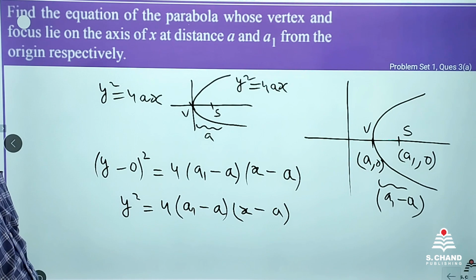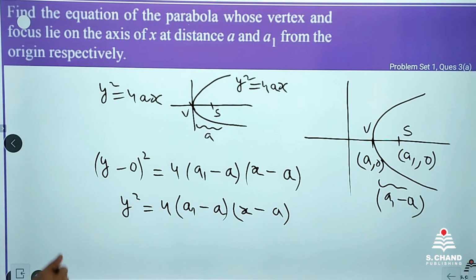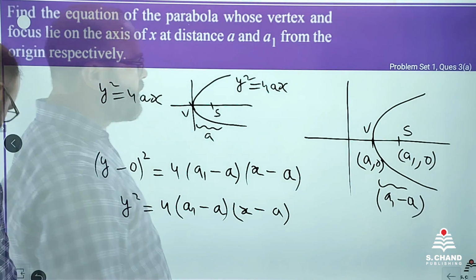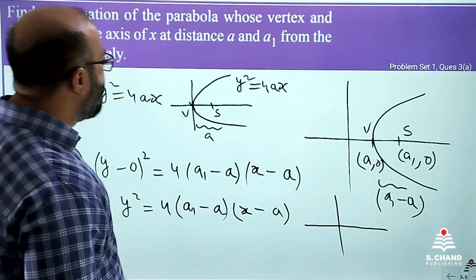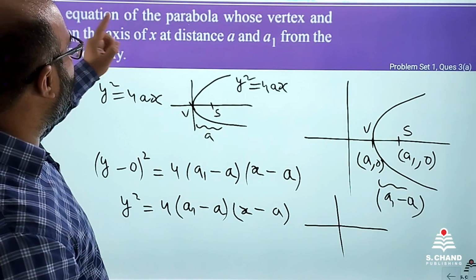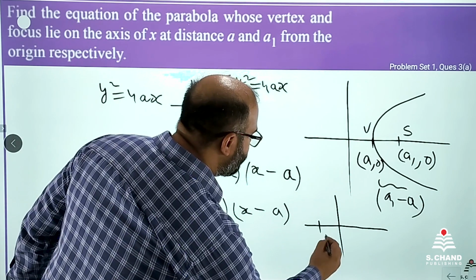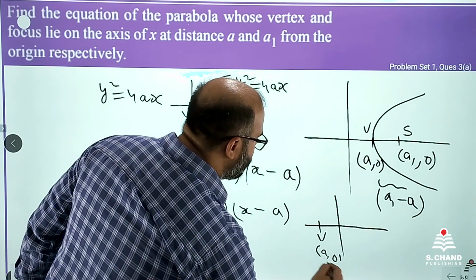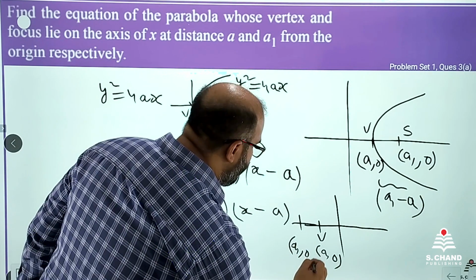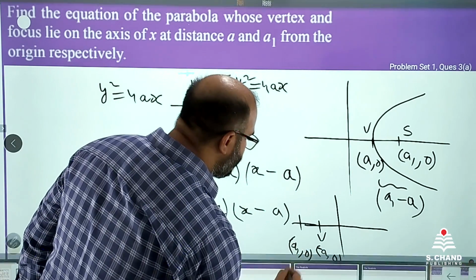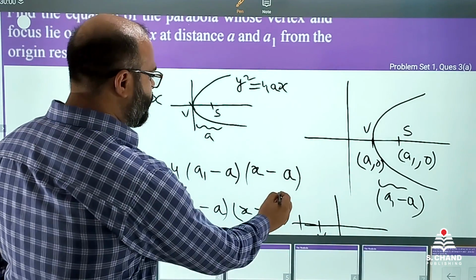The situation could be different if we had taken the focus on the left. We have a situation like this, where the vertex is at distance a here and the focus is at distance a1, and we will put a minus sign because it is on the left side.